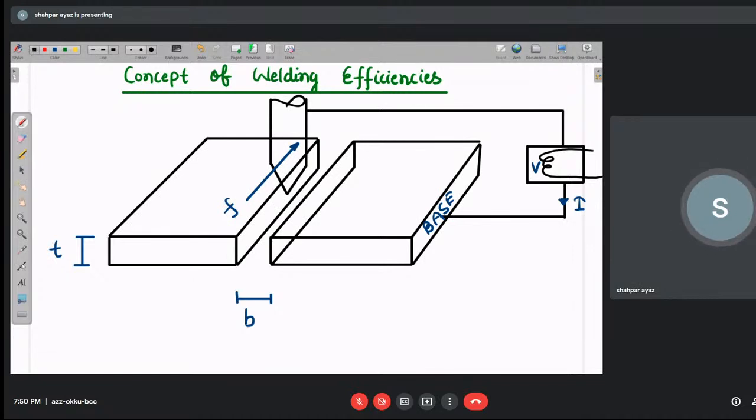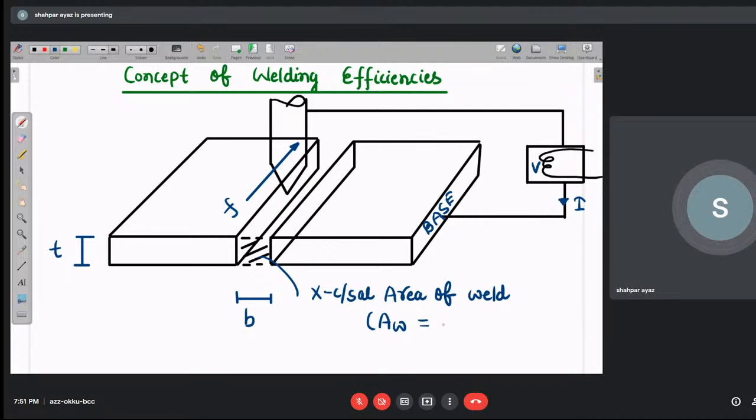If I'm talking about this cross-sectional area, the cross-sectional area of the weld, this is called your AW. This is your B into T.